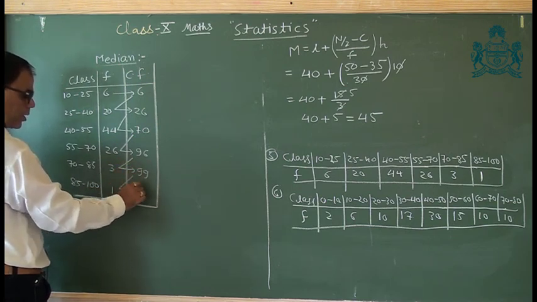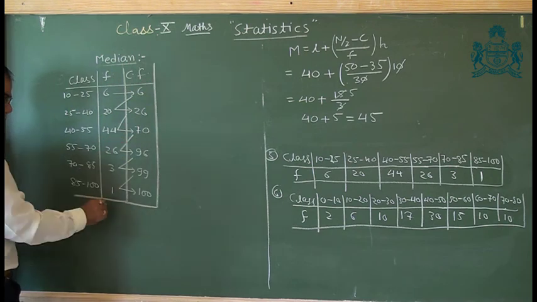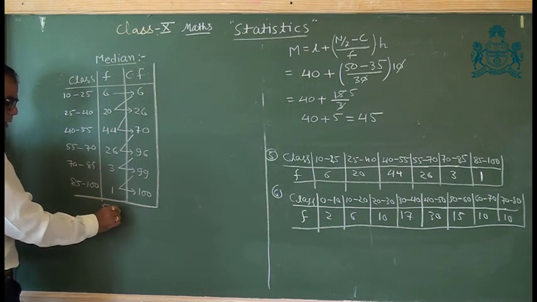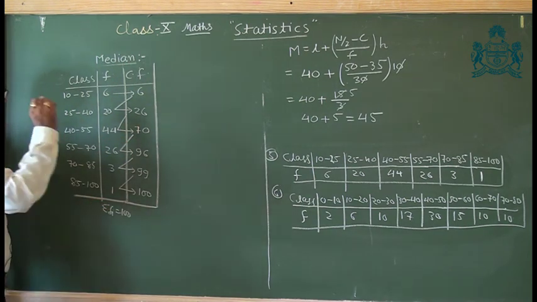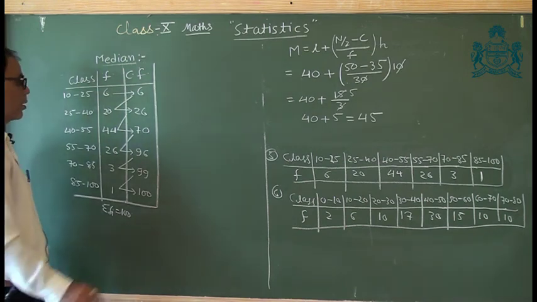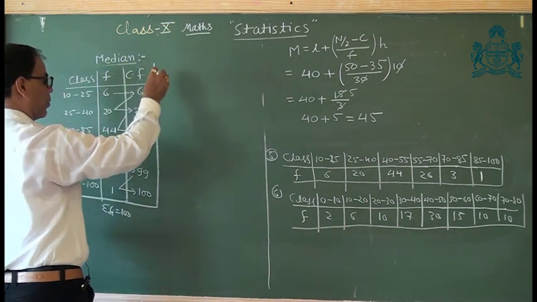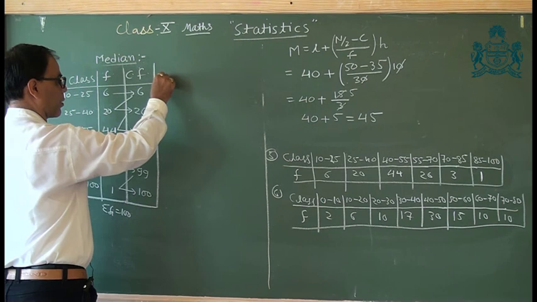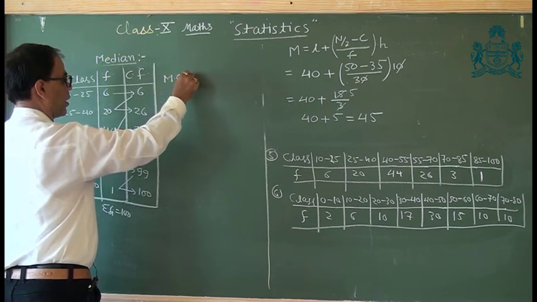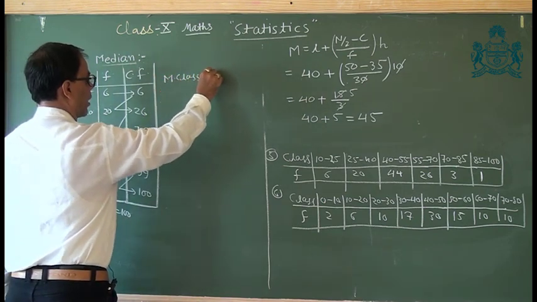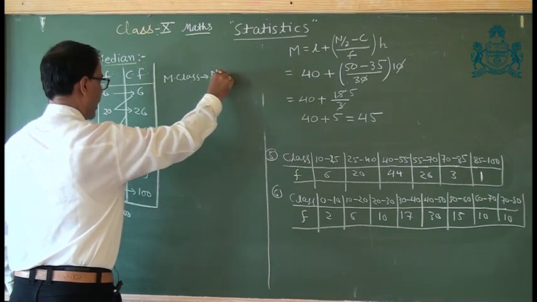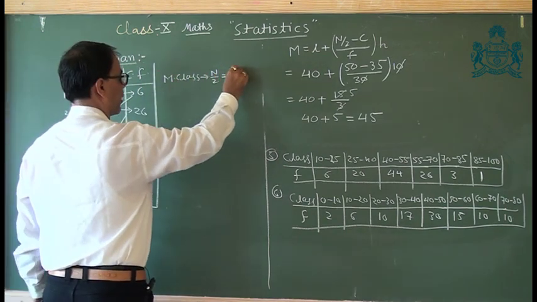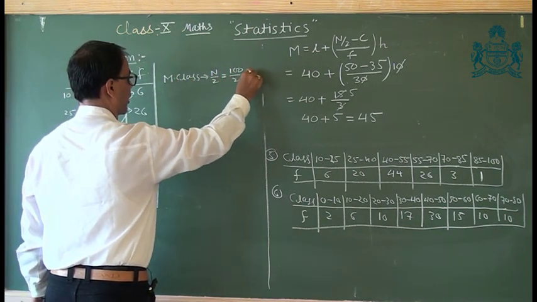And plus 1 is 100. Sigma Fi is 100, sum of frequency. Next, find the median class. Median class n by 2. N is 100. 100 by 2 means 50.